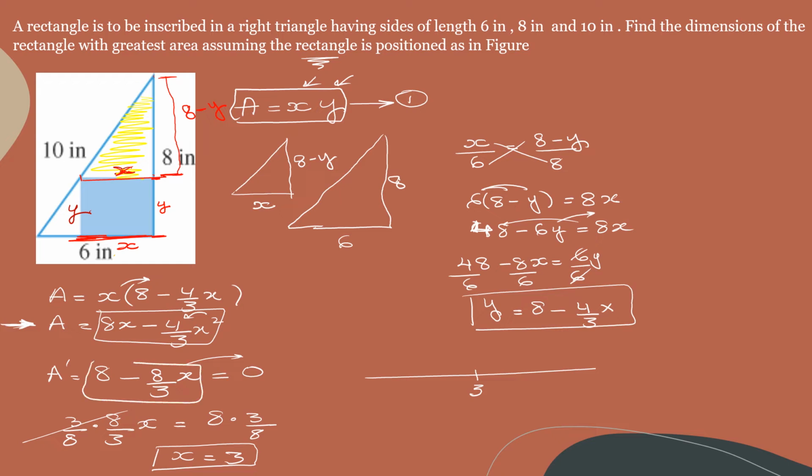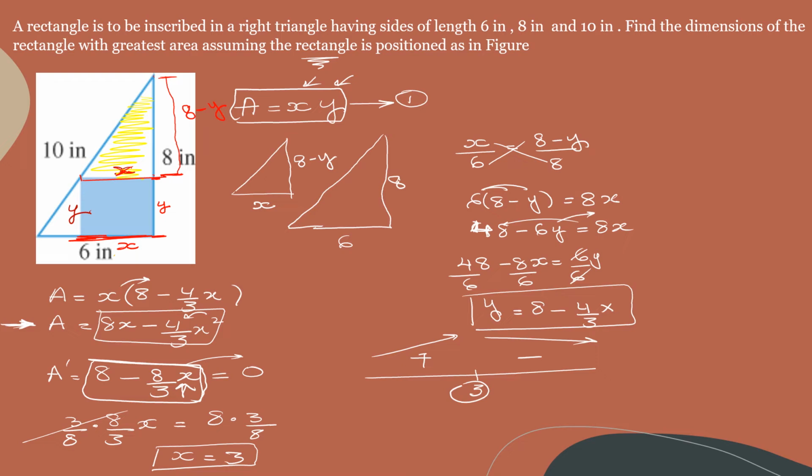If I take 0 and substitute in place of x, I will get 8, which means it is a positive number. And if I take 4, so 4 times 8 is 32, it will give you negative 24. So that is my negative number. You can see that at 3, I have a relative maximum.